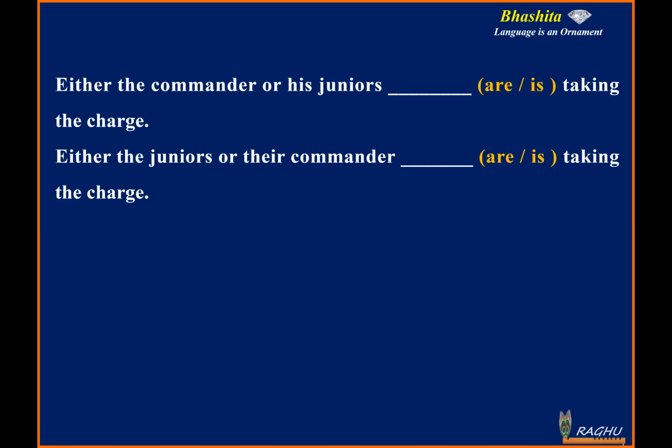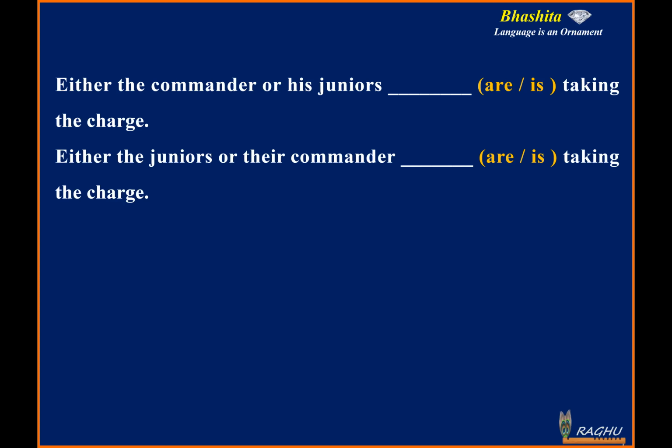Similarly, the second sentence, either the juniors or their commander are taking the charge, or is taking the charge. For the given two sentences, what are the right options? It is very clear, if you know the rule, answering these two sentences becomes very easy for us.